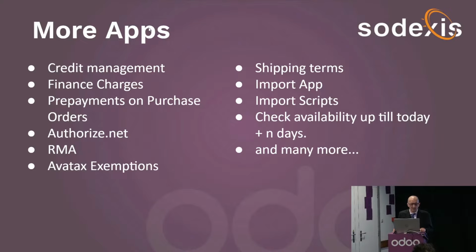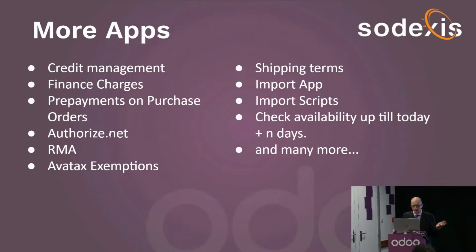We have a lot more apps. We have credit management, although I think this one might be obsolete with V16 based on what we learned over the last 2 days. We also have finance charges. We have a prepayment on purchase order. I gave another talk on Wednesday on that if you're interested. We have a module that extends what Odoo is doing with Authorize.net.